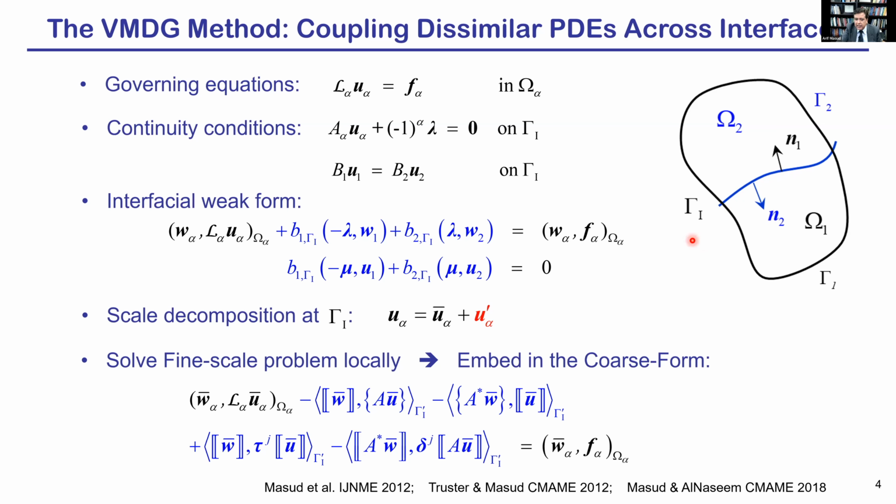We'll start off with the Lagrange multiplier method to enforce this continuity, and then I will show, through the constructs that I'm going to show, how we can get an expression for the Lagrange multiplier. So the idea is as follows: at this point we are enforcing the continuity.